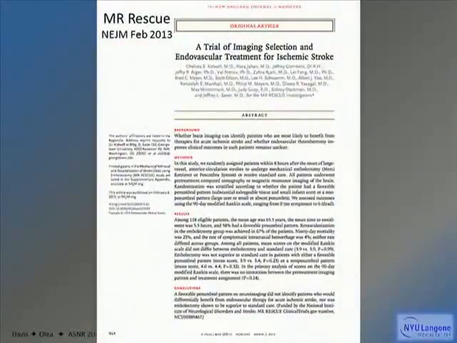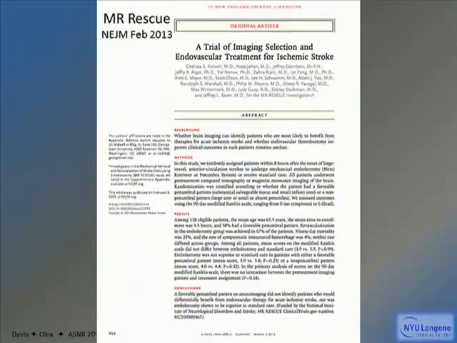Let's go to the MR Rescue trial, published in the New England Journal of Medicine, February 2013. In this trial, they basically said, we're going to take people who have large vessel occlusions, and we're going to see if we can use neuroimaging, perfusion versus core, penumbra versus core, to look for a favorable pattern of people who we can salvage by opening up their vessels.